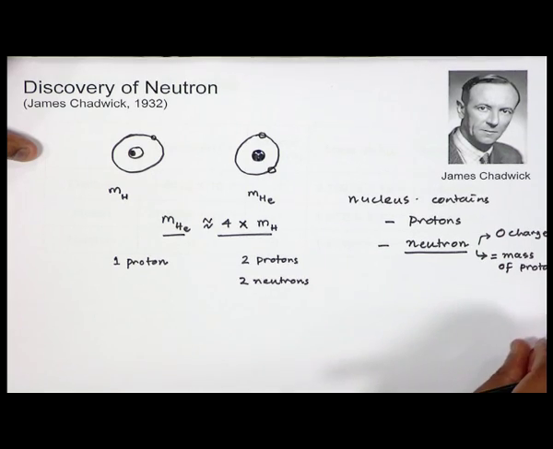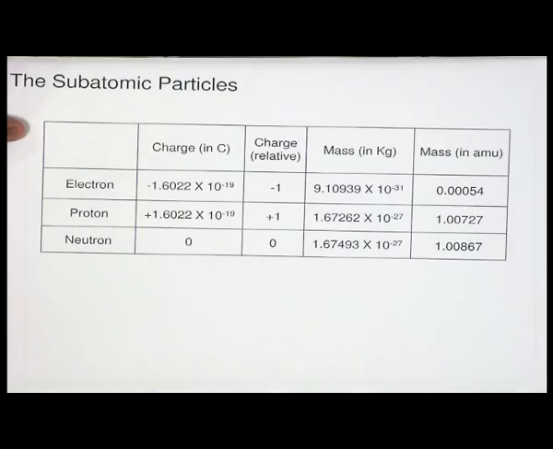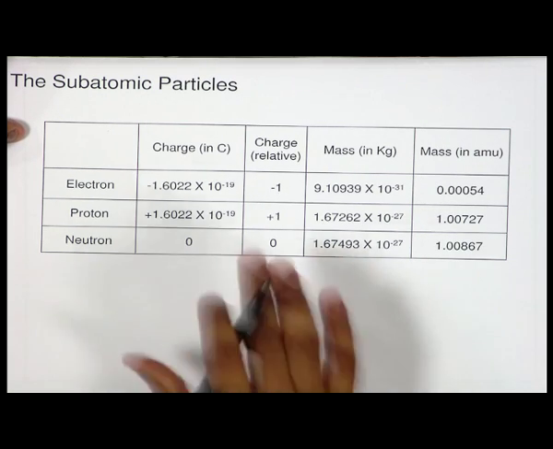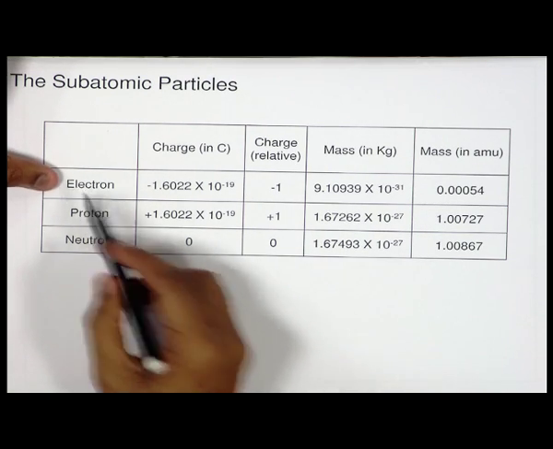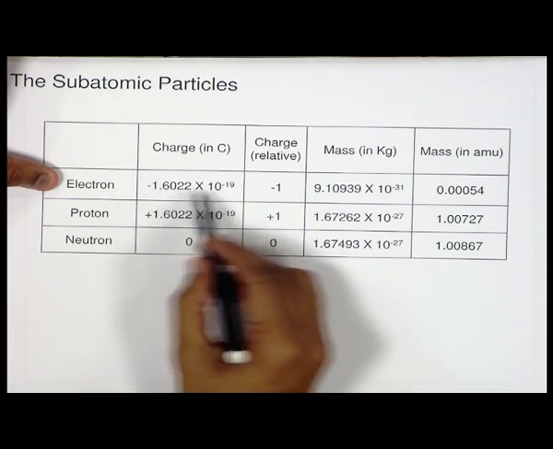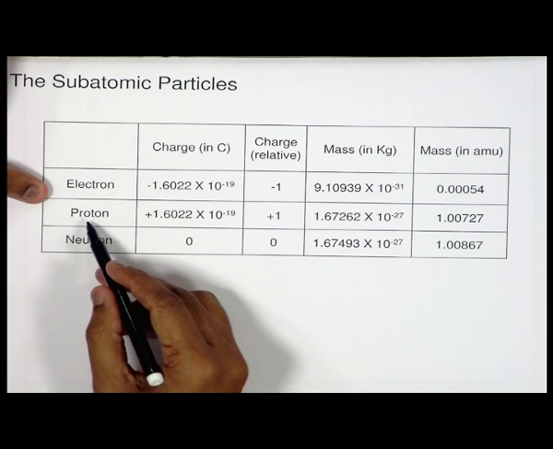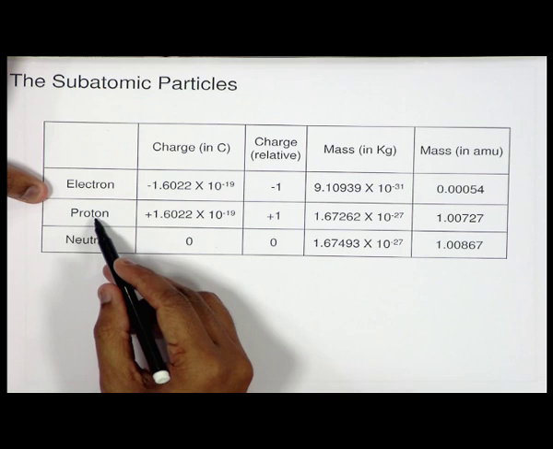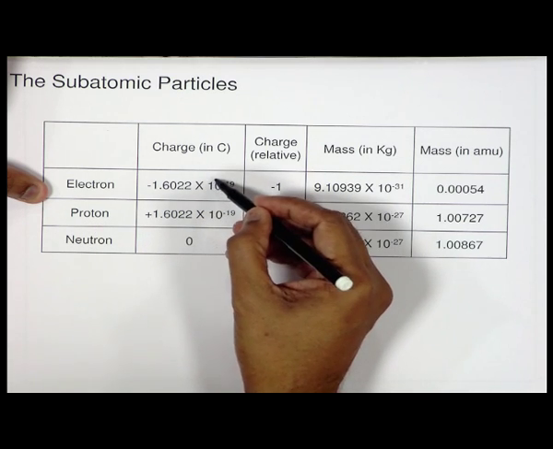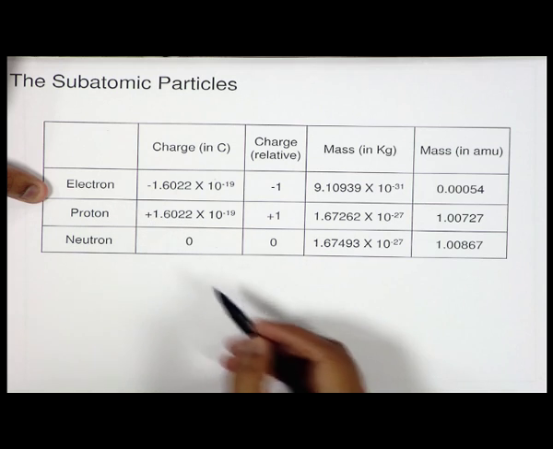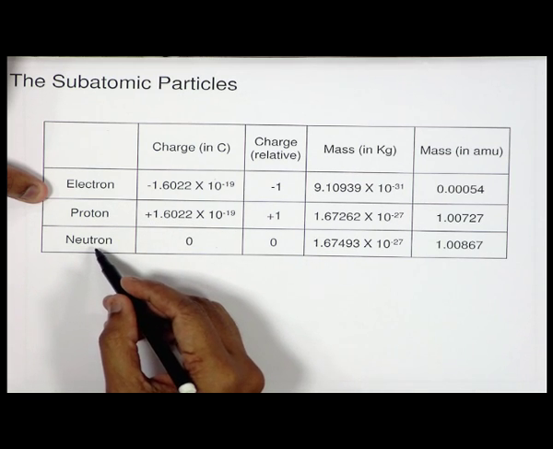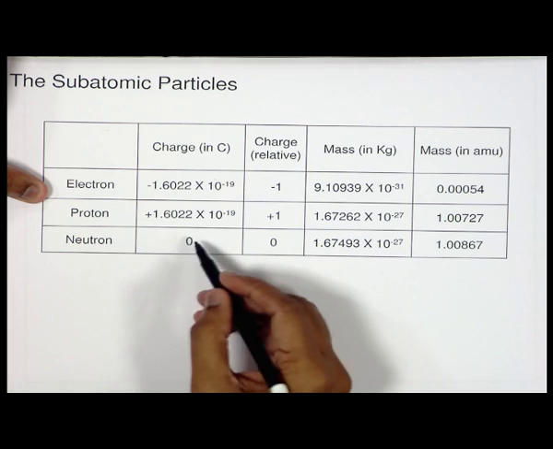So, we can summarize now the subatomic particles that we discussed. The electron has a charge of 1.6 into 10 to the power minus 19 coulomb, which is negatively charged. We came across the proton, which has exactly the same charge as the electron, but is positively charged, and a third particle, the neutron, which is chargeless.